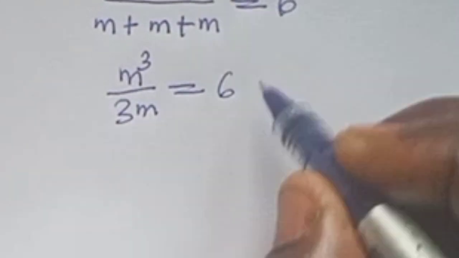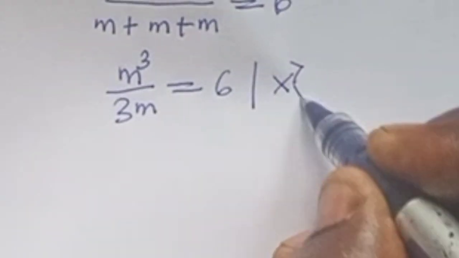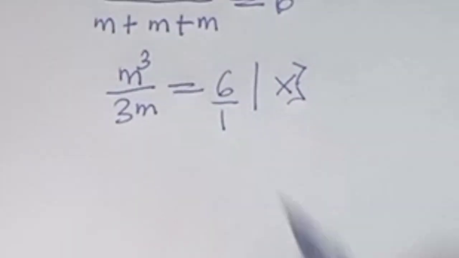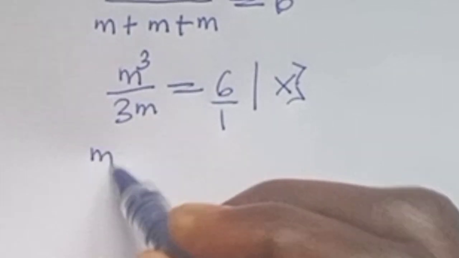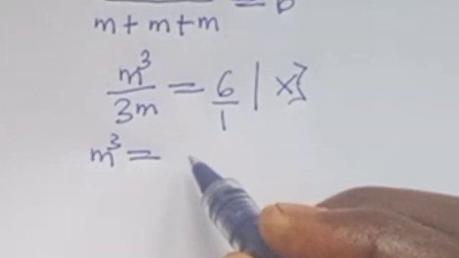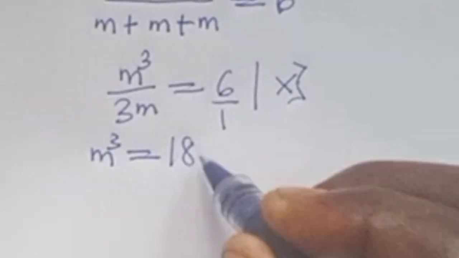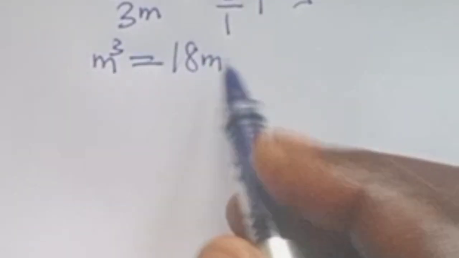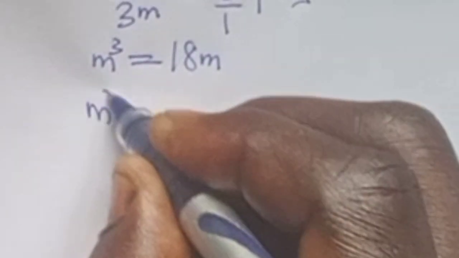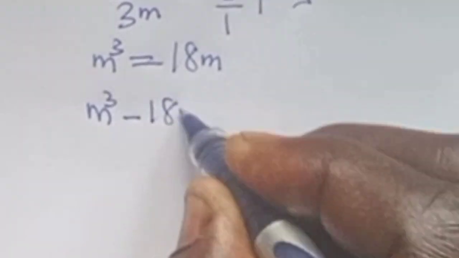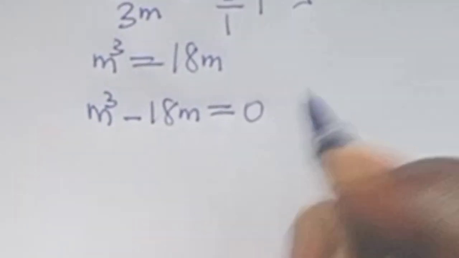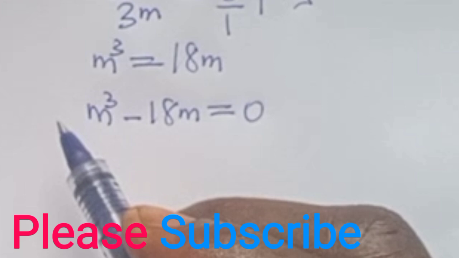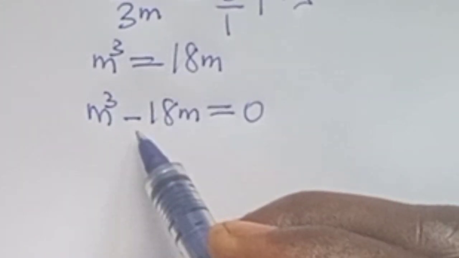So the next thing we'll do, we're going to cross multiply, so that m to the power of 3 would therefore be equal to 18m. Also, we can write this as m to the power of 3 minus 18m equals 0, when we bring 18m to the left hand side, the positive becomes negative.